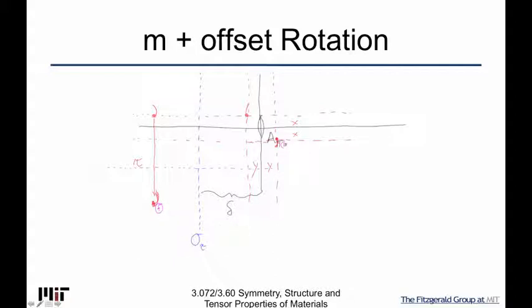So we rotate, we apply the glide, and we end up here. If I make this bisect the distance so that this and this are equal, then I can think of this as a new sigma glide plane. The question is, how far does it move?